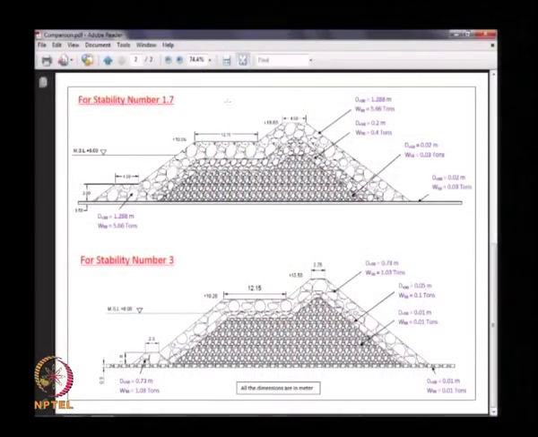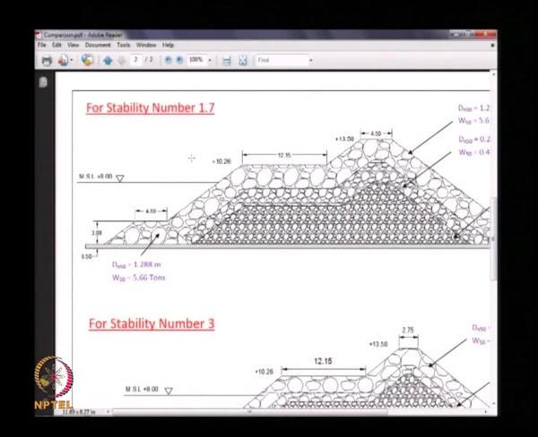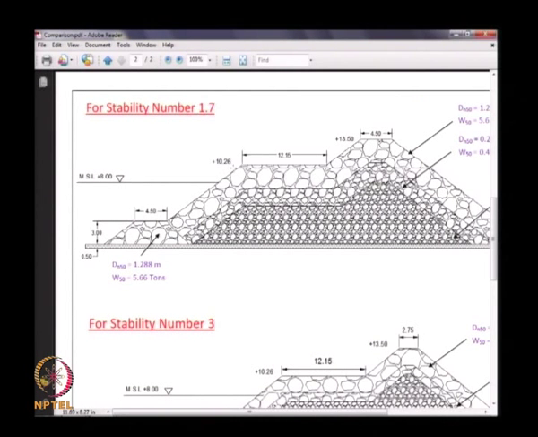So this is the type of cross section that we finally will get. This is called the toe mound height, this is the toe mound width, this is the slope of the breakwater, and this is your core layer.